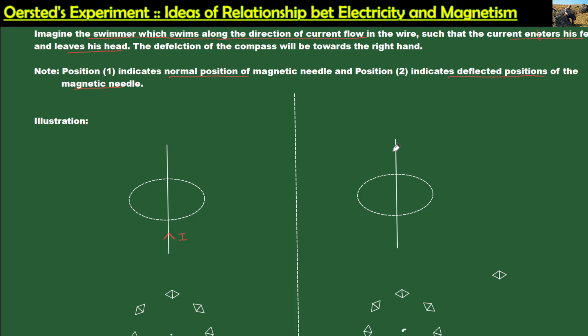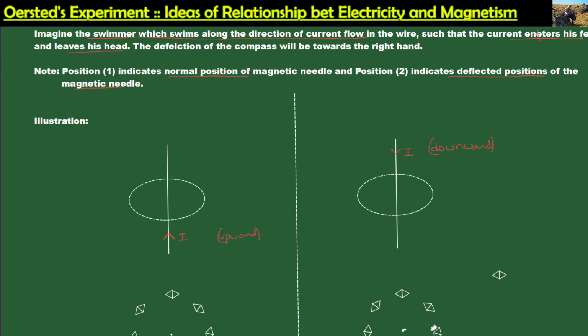And in another wire, let me reverse the direction of flow of current, so the current is in the downward direction. Over here the current will be in the upward direction, and in this case the current will be in the downward direction.